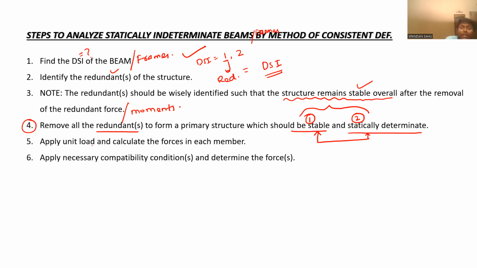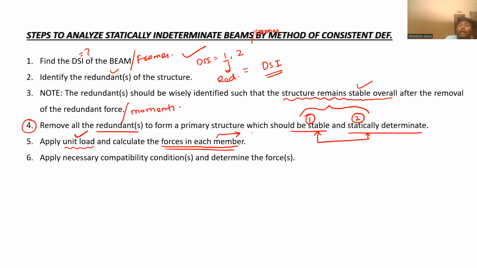Now, apply unit load. Where to apply the unit load? From where you have taken out that redundant, at that point you apply the unit load and calculate forces in each member. Here, forces in each member will be calculated due to what? Due to this unit load.